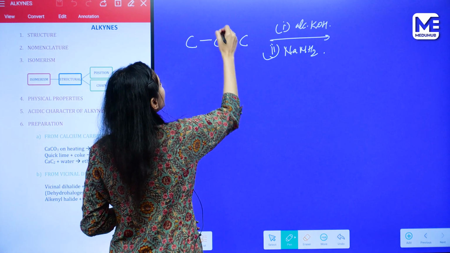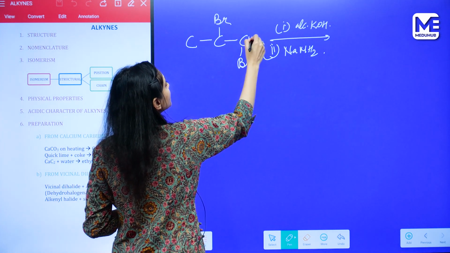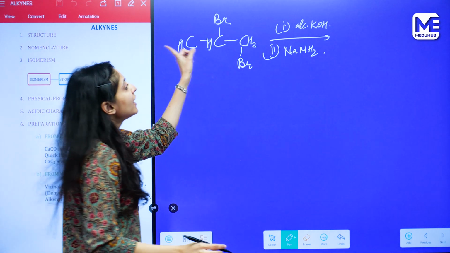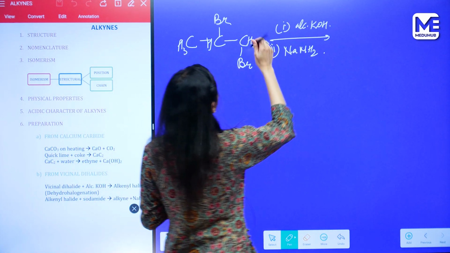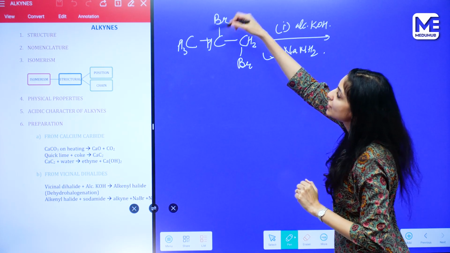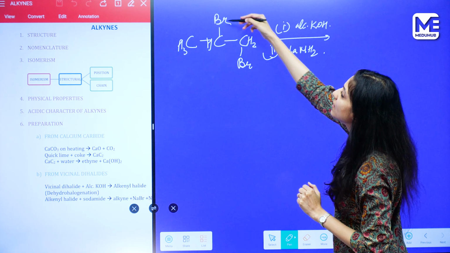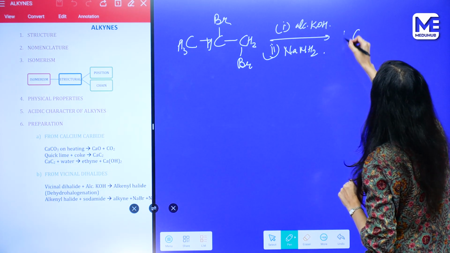We will get a dibromopropane, and we will treat it with alcoholic KOH and NaNH2. What will we get? First, dehydrohalogenation will take place and then again dehydrohalogenation will take place. Both these bromine atoms and hydrogen atoms will come out and we will get the corresponding alkyne.